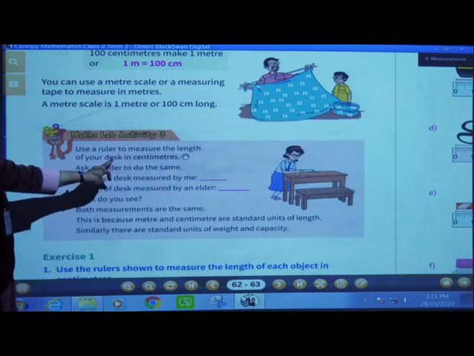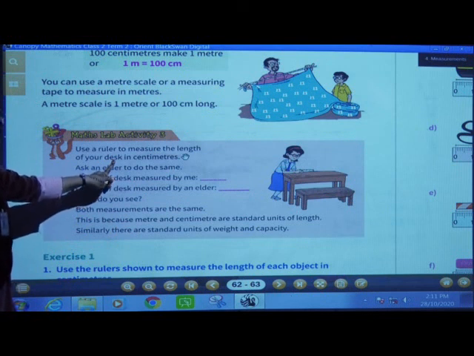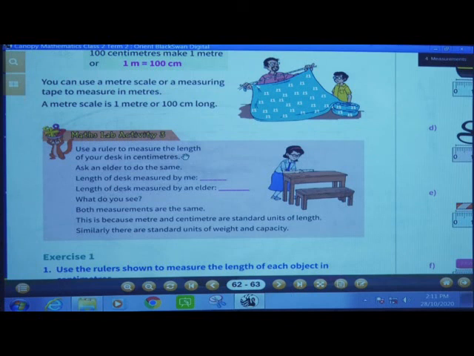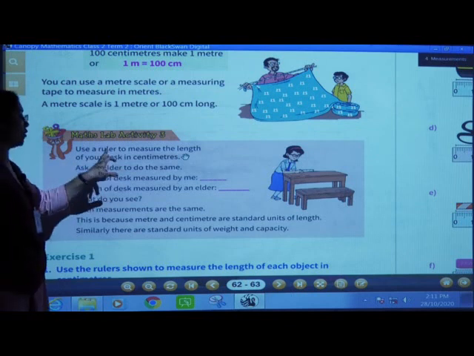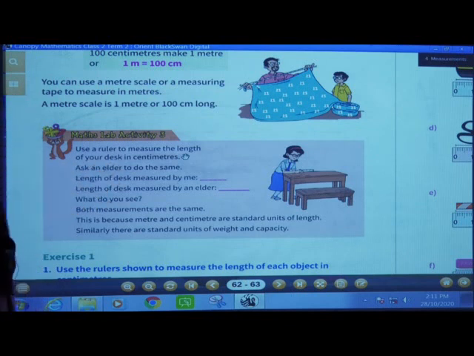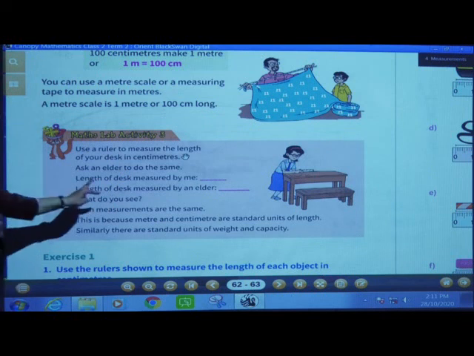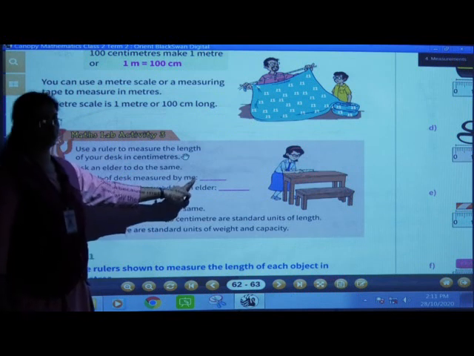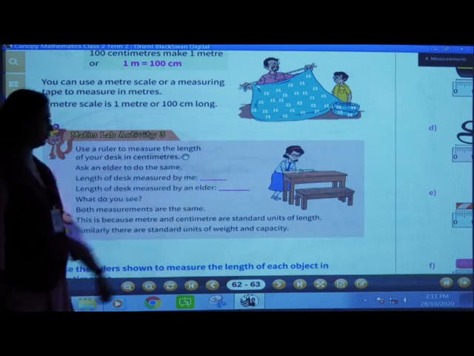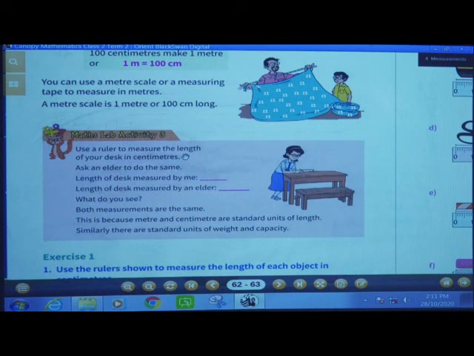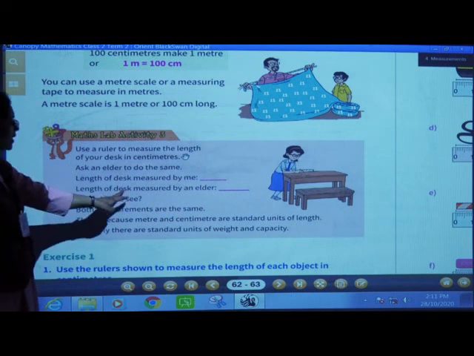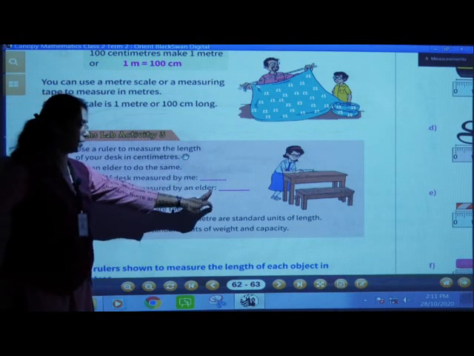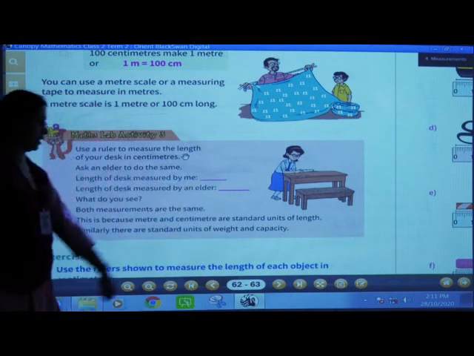Instead of this desk, you can measure the length of a table. Length of desk measured by you, you have to write here in centimeter. And length of desk measured by an elder, write right here.